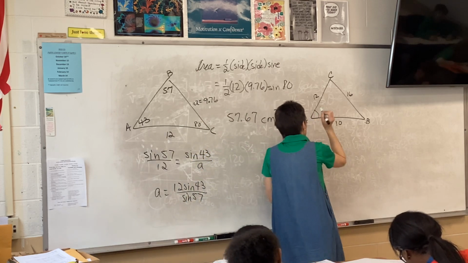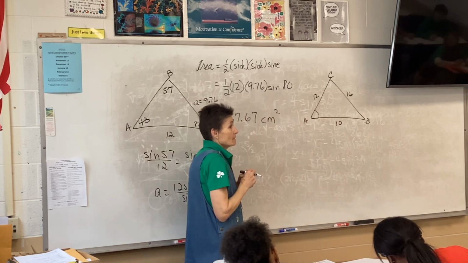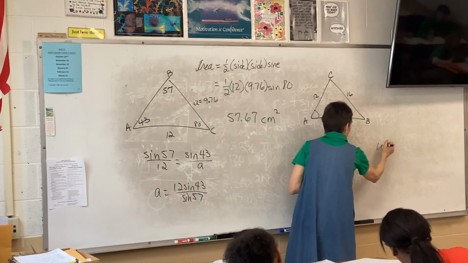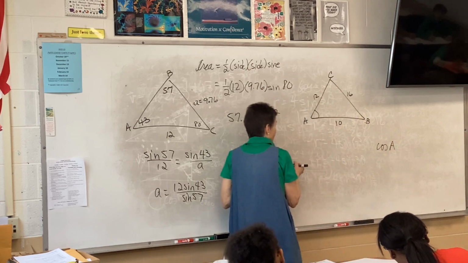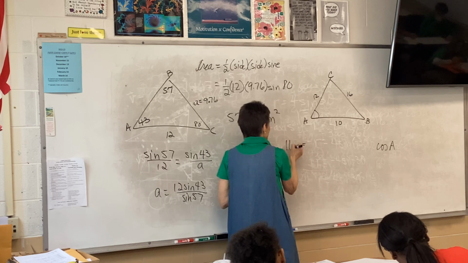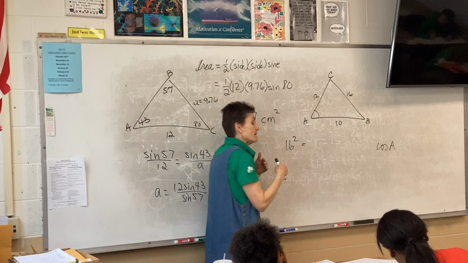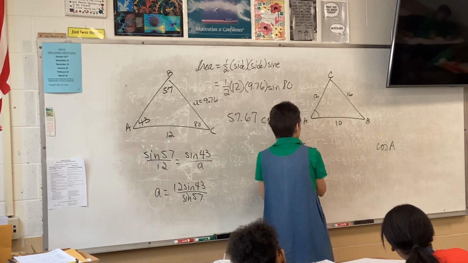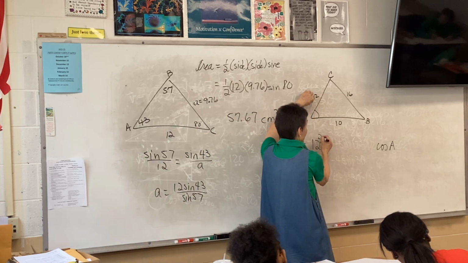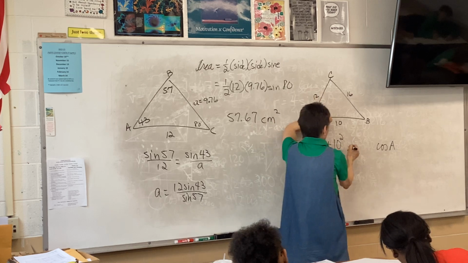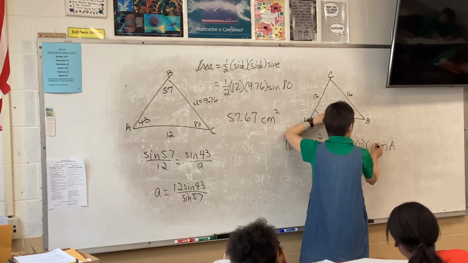A. All right. If we want angle A, then the law of cosines says, out here we're going to have cosine A, and over here we're going to have 16 squared. Is that coming back to you? Yep. So then in the middle, you're going to have 12 squared plus 10 squared minus 2 times 10 times 12.